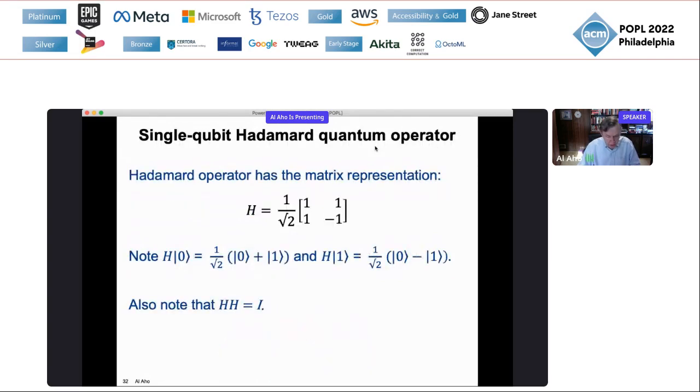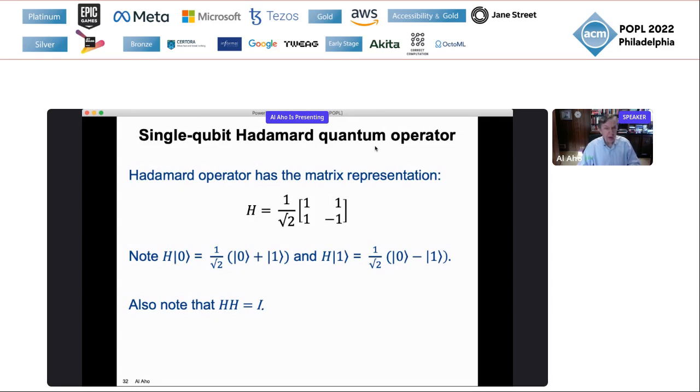The single qubit Hadamard operator is a useful unitary operator that appears in many quantum algorithms. If we apply the Hadamard operator to the computational basis state ket 0, we get the superposition ket 0 plus ket 1 over the square root of 2.